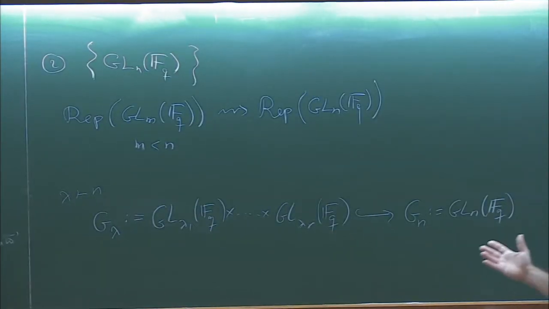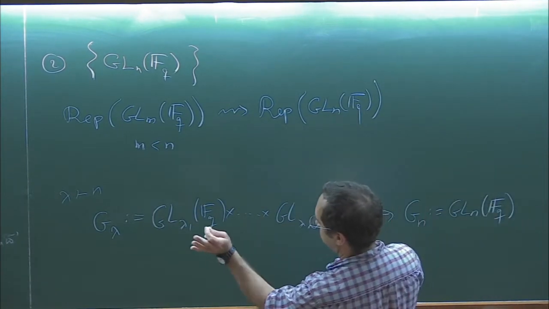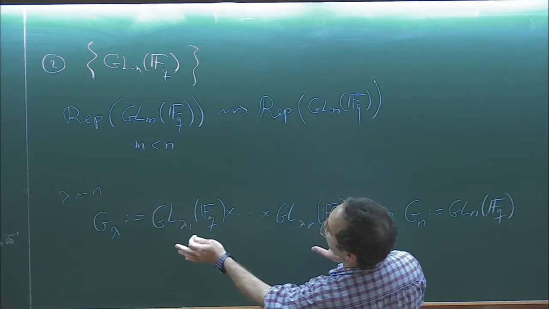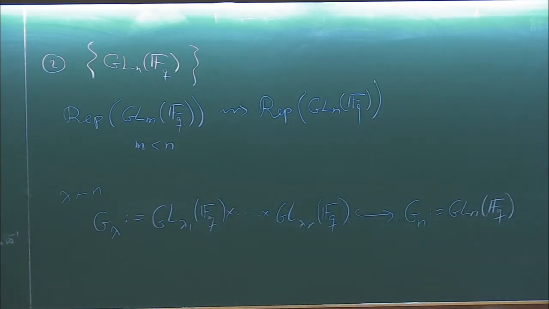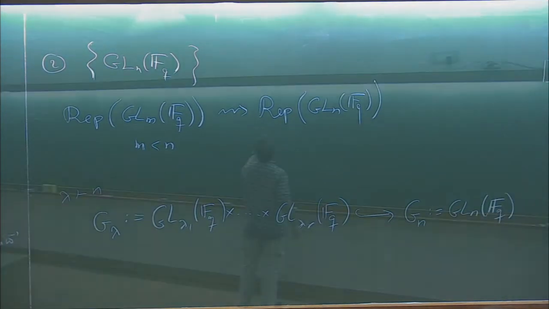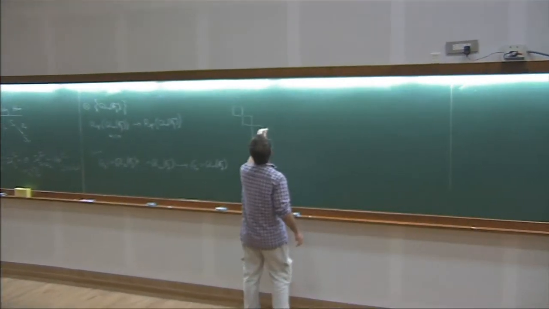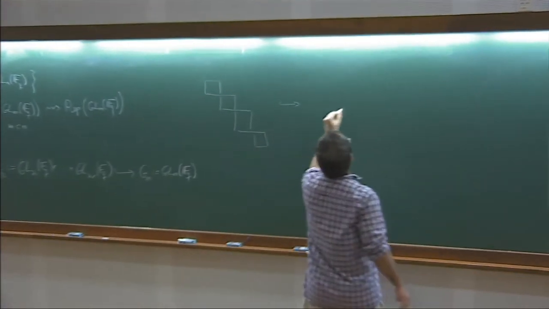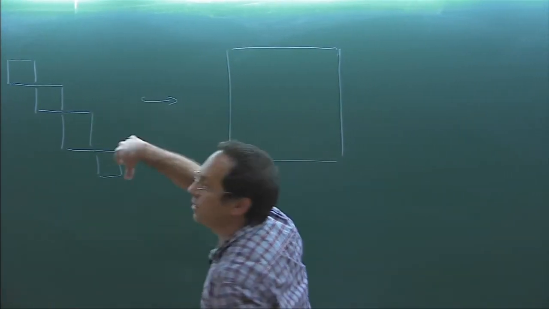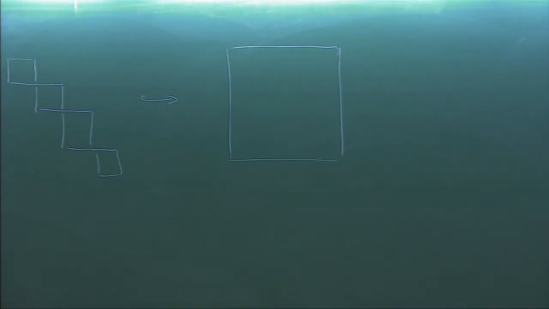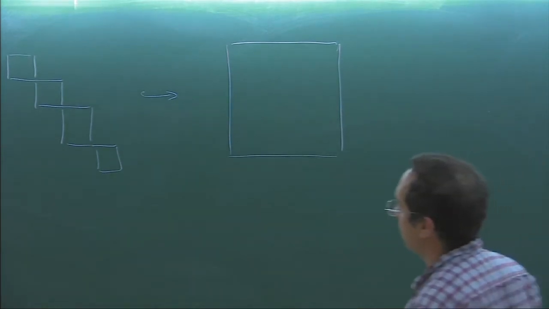We can take representations of these groups, the Levi subgroups. We know them very well. That's our assumption, and we can induce to Gn. Concretely, we can think about these lower general linear groups as sitting inside the large group as block elements.